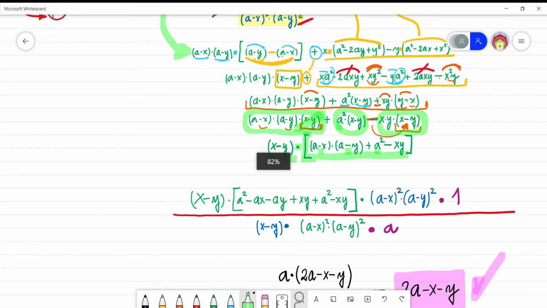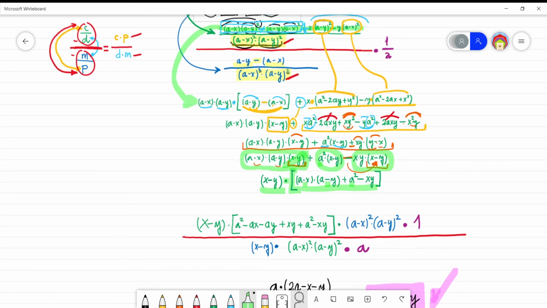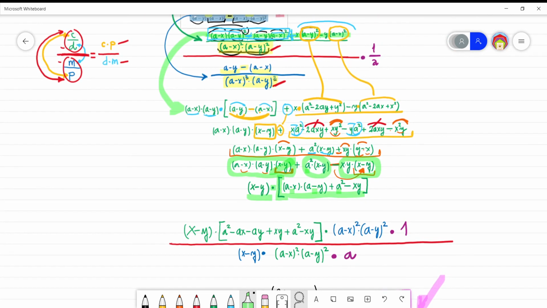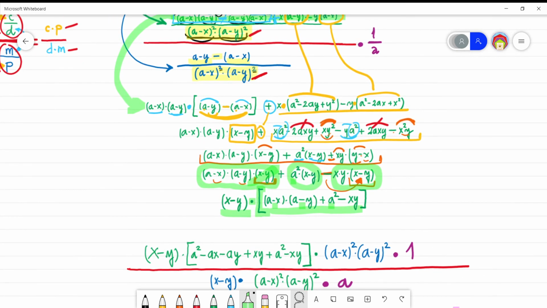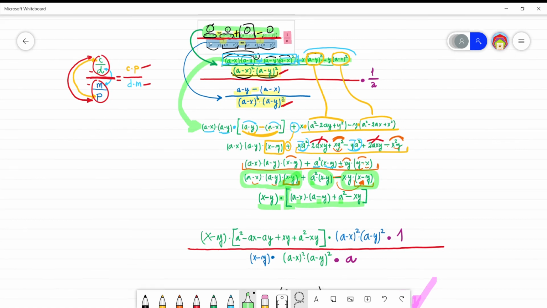I go back and look at the huge fraction, which was down there. You just need to make an effort, so take it easy. This is the main fraction, so I copy it in here.